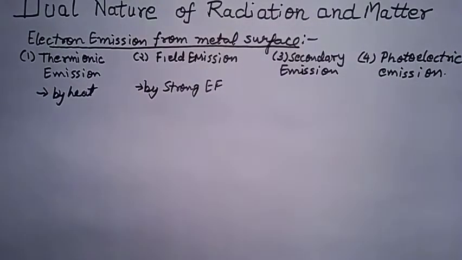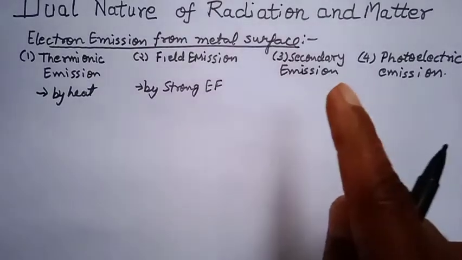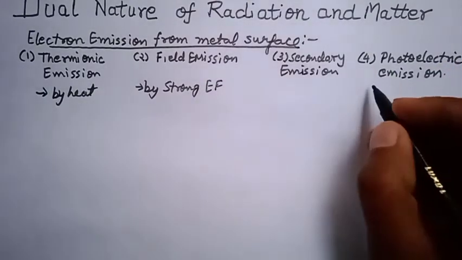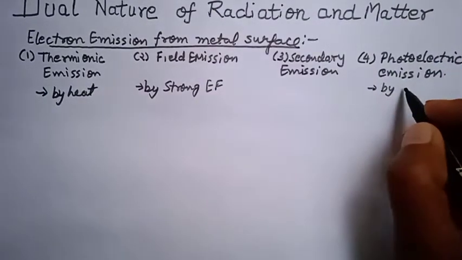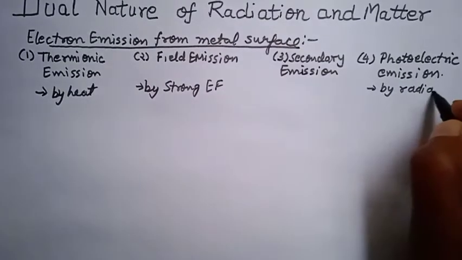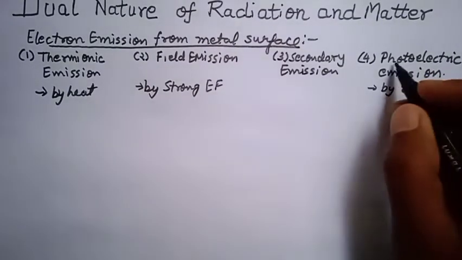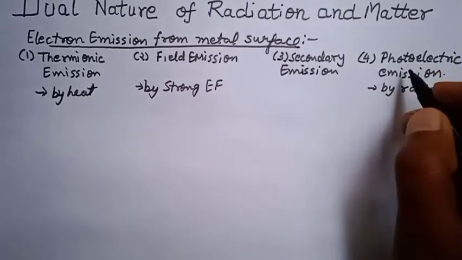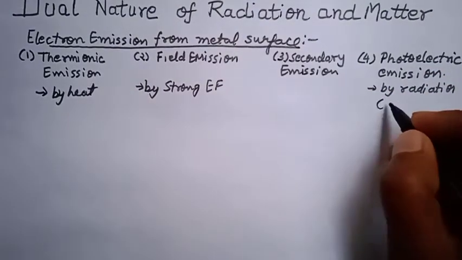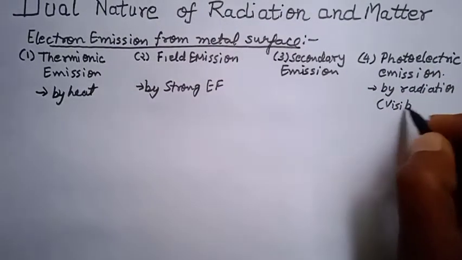Secondary emission. Okay, but before secondary emission, I will come to photoelectric emission by radiation. And as the name is photoelectric, photo refers to light. So radiation, and that too which lies in the visible region.